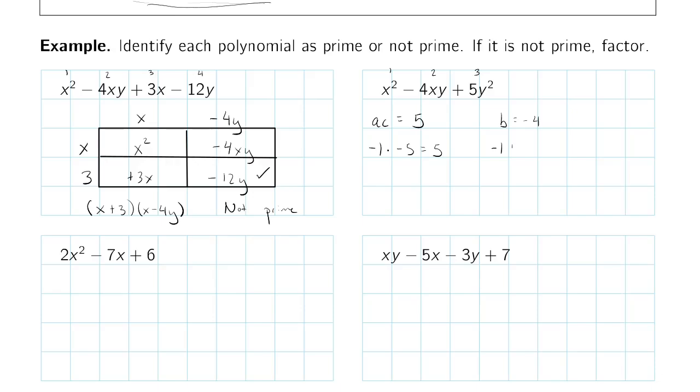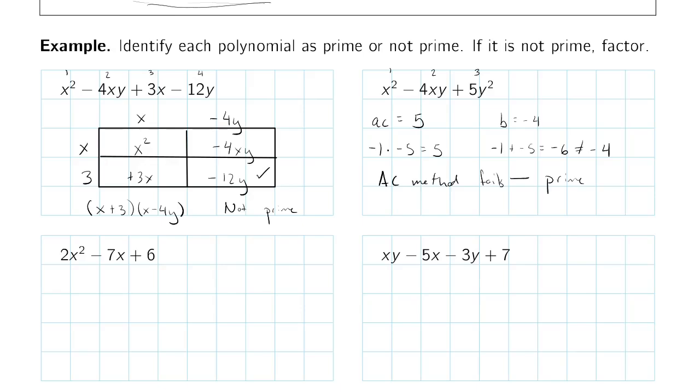But negative 1 plus negative 5 is negative 6, which is not negative 4. So what I've seen here is the AC method fails. There's no other way I can factor 5 as a product of two negatives. This is prime.